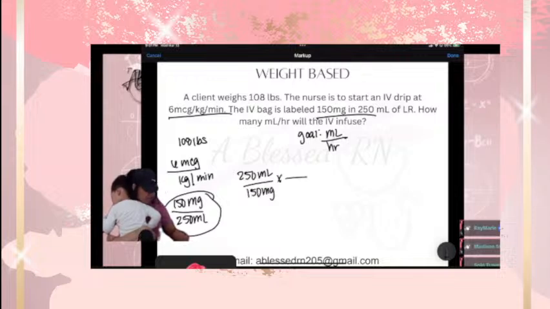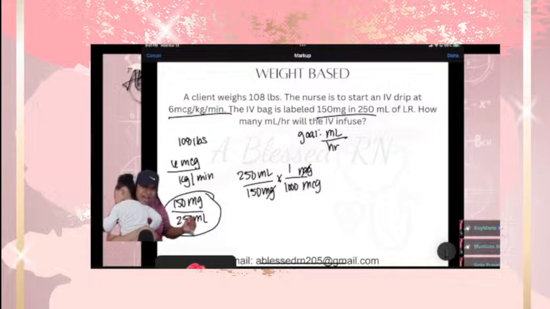Now look, we need milligrams to cross out with our milligrams at the bottom, but we don't have them. We have micrograms, right? So we'll have to do milligrams on the top, micrograms on the bottom. We know that 1 milligram is 1,000 micrograms. One goes by the biggest unit of measure.